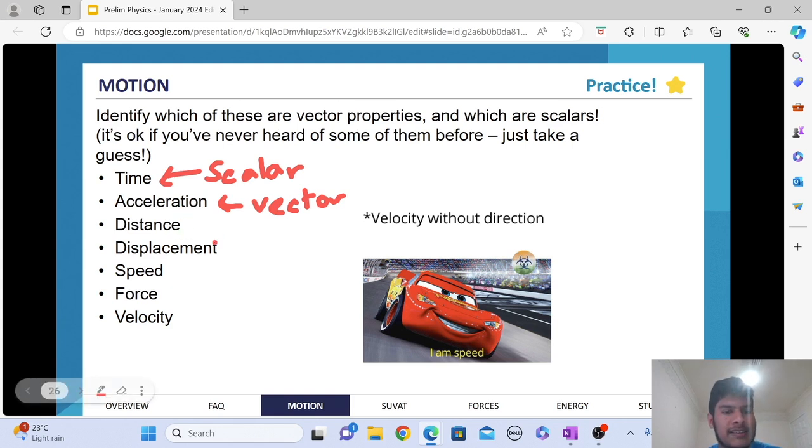Now, we've got distance and displacement here. On the surface, it looks like they're two very similar quantities, or equivalent quantities, but in reality, they're different because of this scalar vector thing. Distance is a scalar, right?